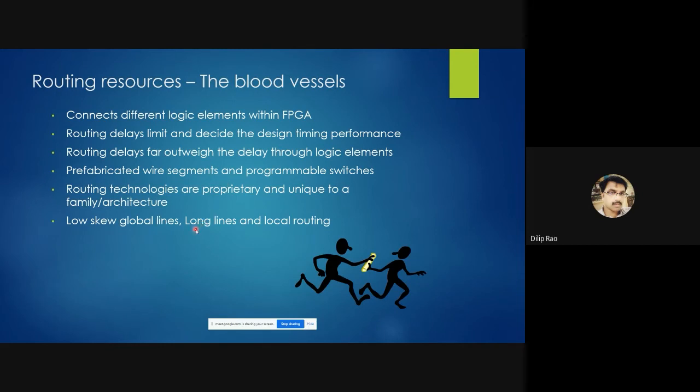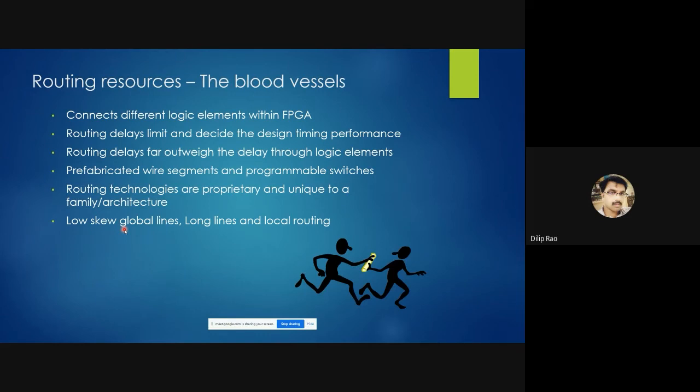Then routing lines are of different types. There are low skew global lines which run across the length and breadth of the device. They carry clocks and resets, which are basically global signals, because they will be consumed by each and every cell of the design. Then there are long lines which interconnect CLBs which are far away from each other. And then there is local routing, which is mostly used to interconnect adjacent CLBs.